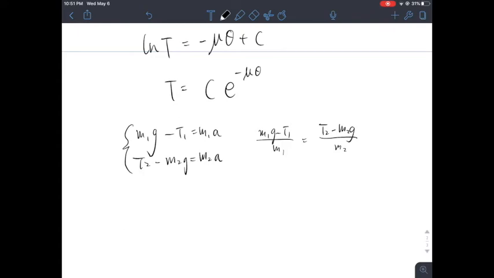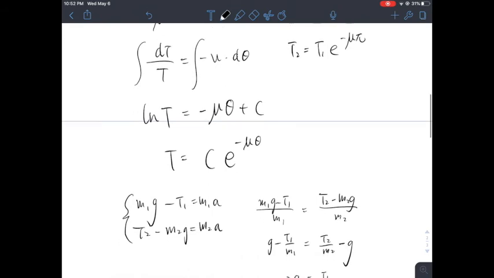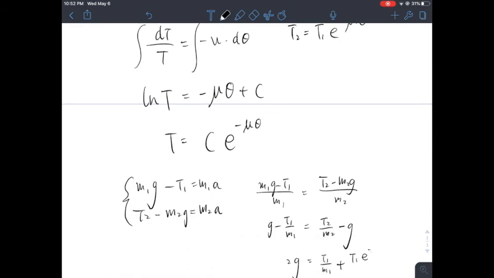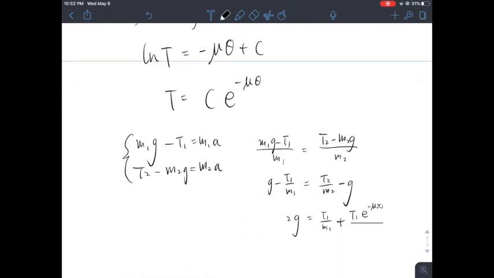Then we cancel out the a, and we can express this as m1g minus T1 divided by m1 equals T2 minus m2g divided by m2. Then we simplify it. We get 2g equals T1 divided by m1 plus T2, where we can just plug in T1 times e to the negative mu pi for T2.